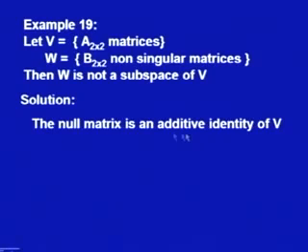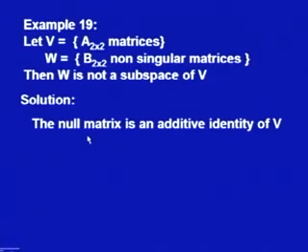So, one can say that the null matrix is the additive identity of V. This belongs to V. It is a 2 by 2 matrix, it is a vector space. So, the null matrix has to be there in V. But is the null matrix also in W? It is not a non-singular matrix.